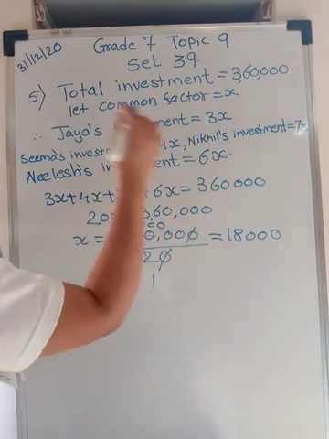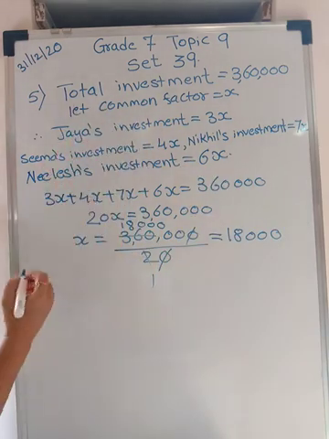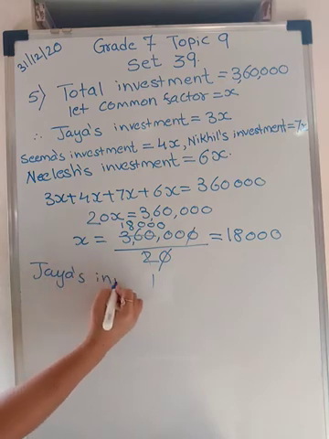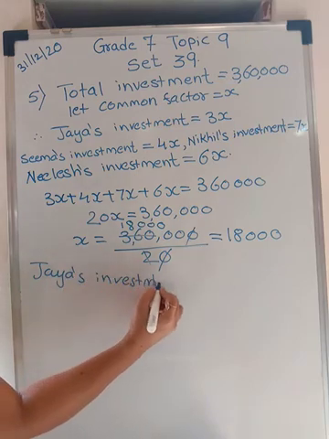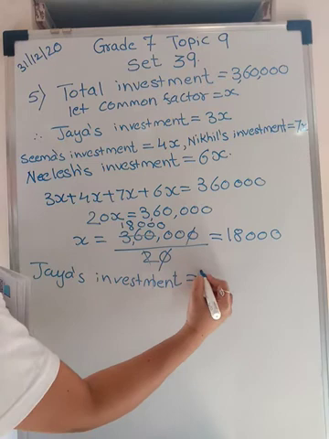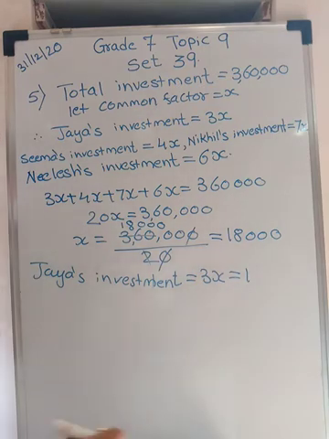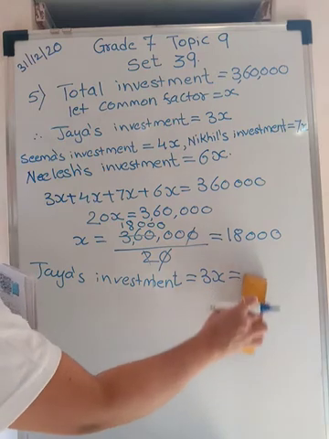We want to find whose investment? Jaya's investment. So Jaya's investment is equal to 3x, which is equal to 3 into 18,000.